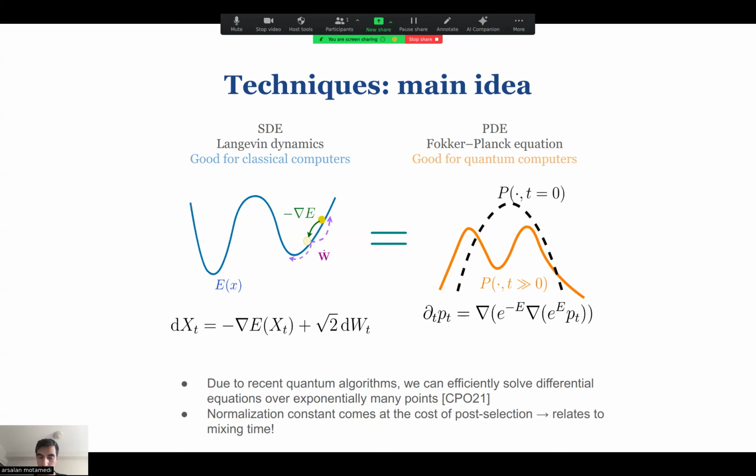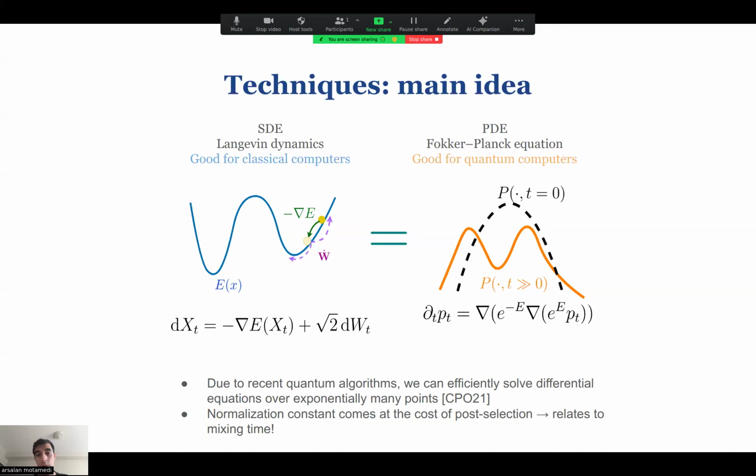However, there's an equivalent formulation of this problem, which is to look at the evolution of the probability distribution of a particle under this SDE, and that would become the Fokker-Planck equation.